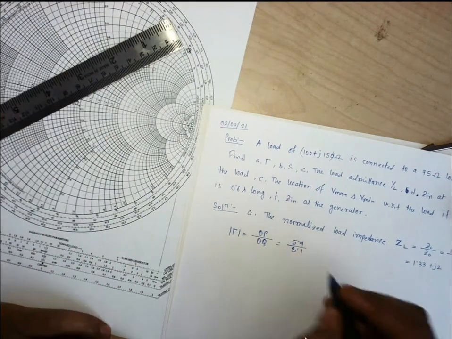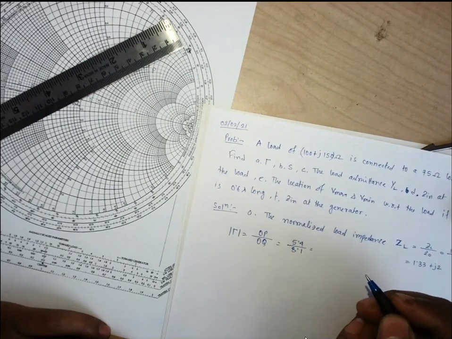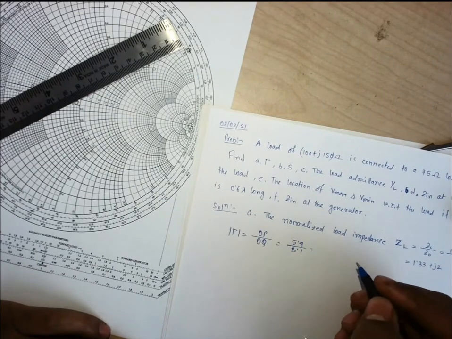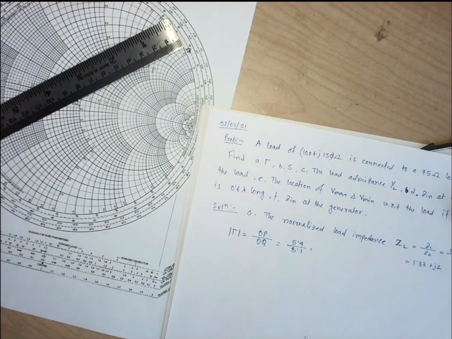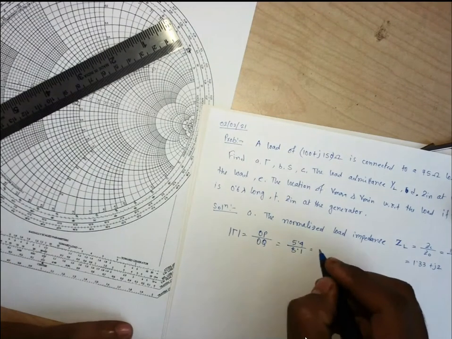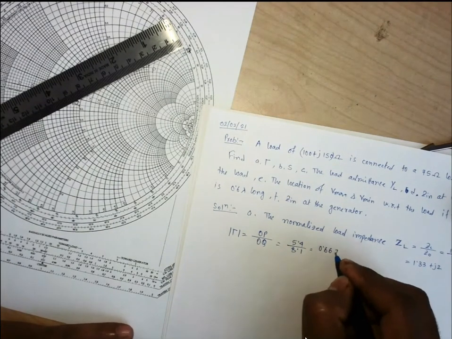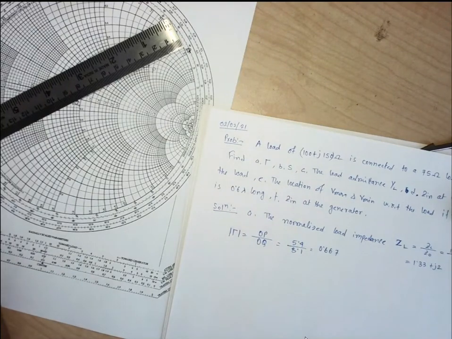Both of them are in centimeters. So if you take the ratio 5.4 divided by 8.1, it is 0.667. This is the reflection coefficient.